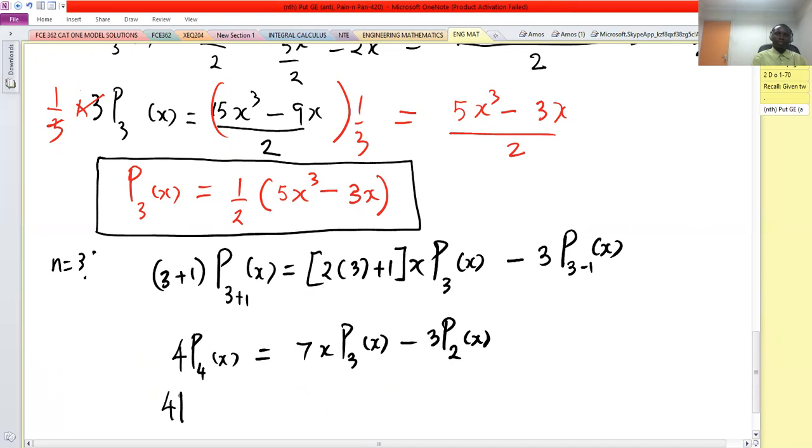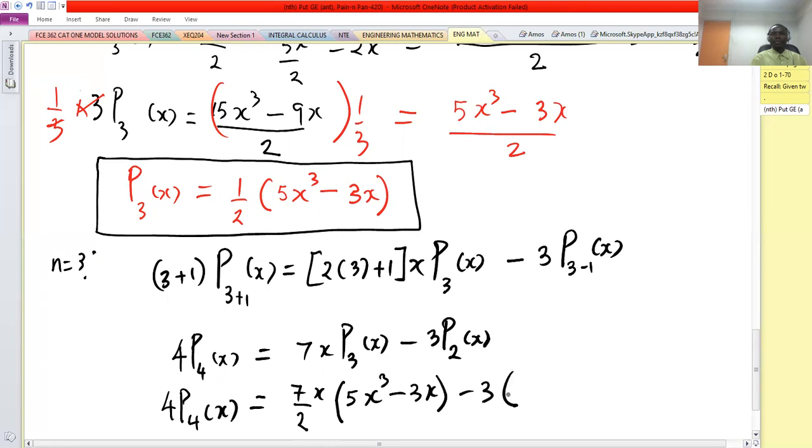So you'll have 4 P4 of x equals 7x into P3, which was a half into 5x cubed minus 3x, minus 3 into P2, which was a half into 3x squared minus 1.